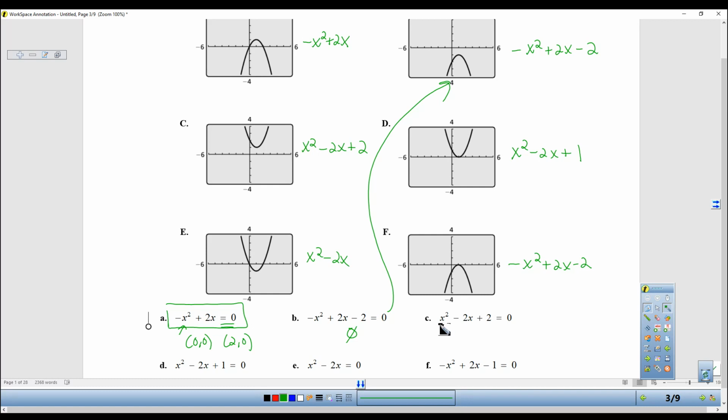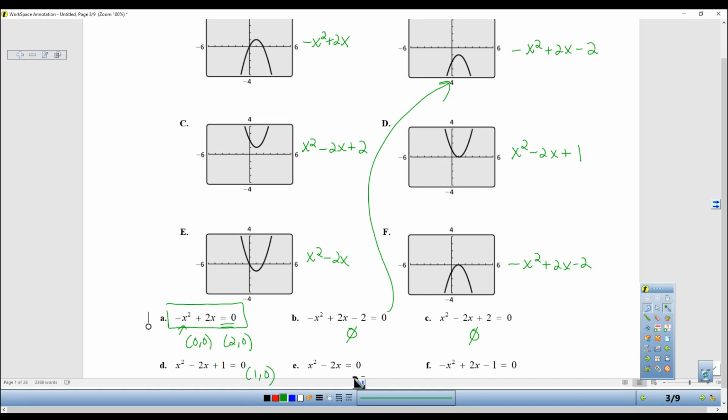For letter C, where's this graph? Where is this going to be equal to 0? I find it right there, and it's never going to be equal to 0. For part D, x squared minus 2x plus 1, where is that? Right there. Where is that equal to 0? Just in one spot.